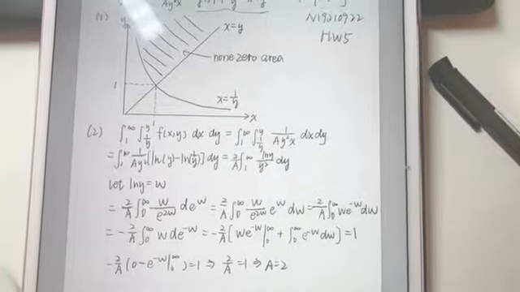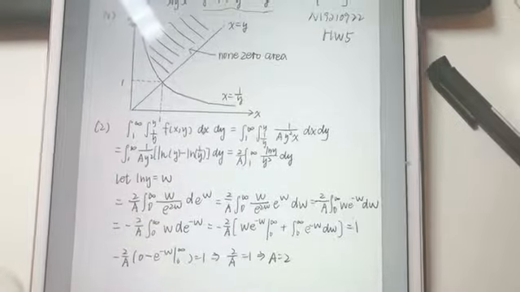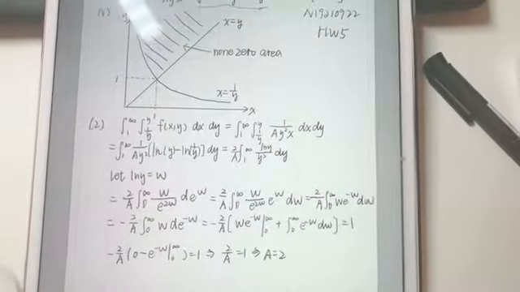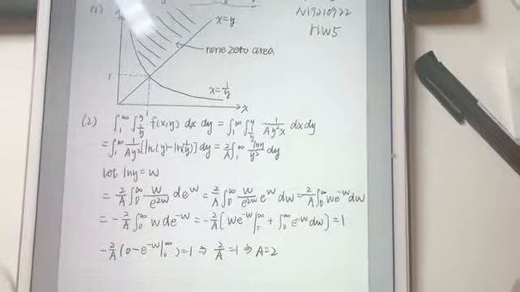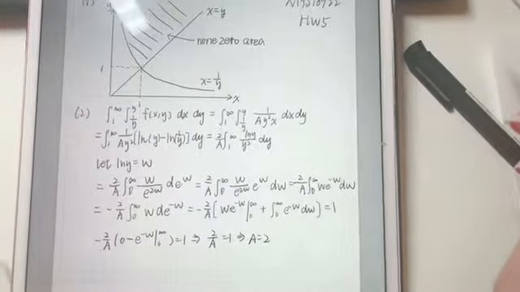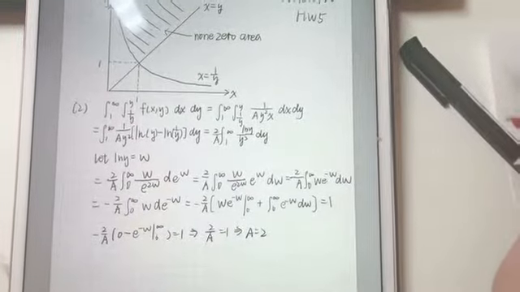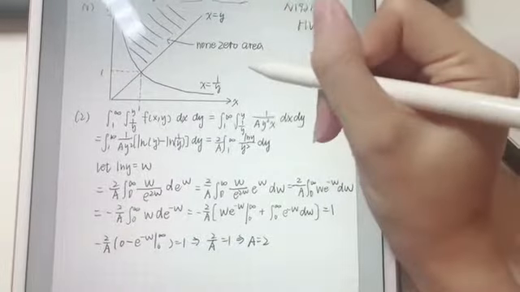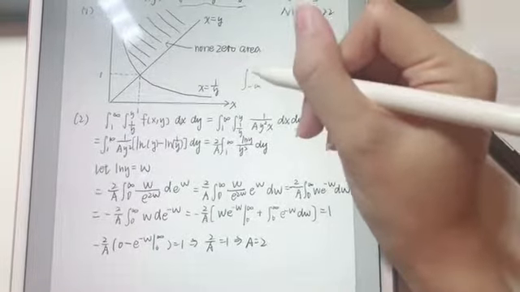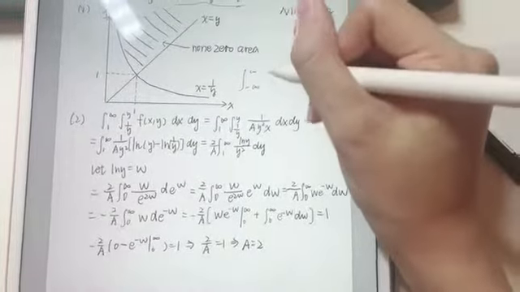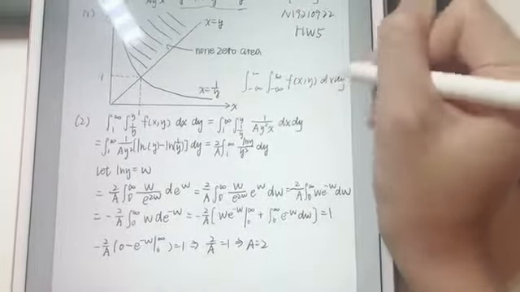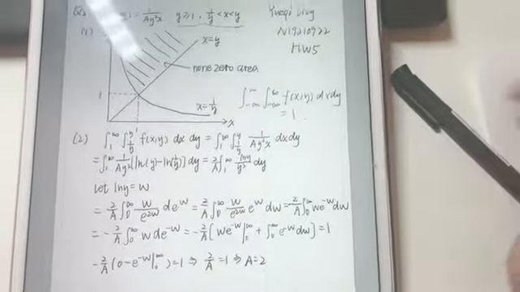Question 2 asks us to find A so that f(x,y) is a valid joint density function. From the lecture we know when f(x,y) is a valid joint density function, that means the integral from minus infinity to infinity of f(x,y) dx dy will equal 1.